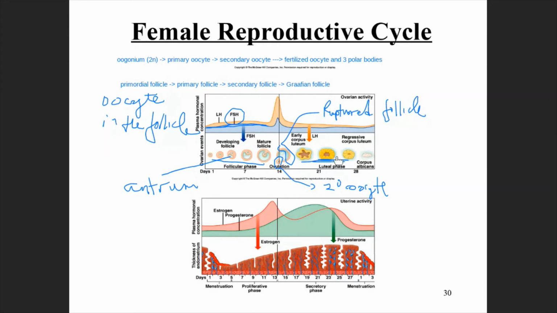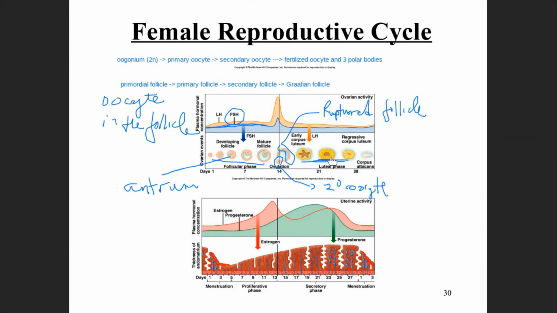And what does the corpus luteum do? The corpus luteum produces progesterone. If that's the case, you would expect the level of progesterone to be very high after ovulation, which is actually what you see here. You see the progesterone level slowly rise, and when the corpus luteum is present, you have an even higher level of progesterone.